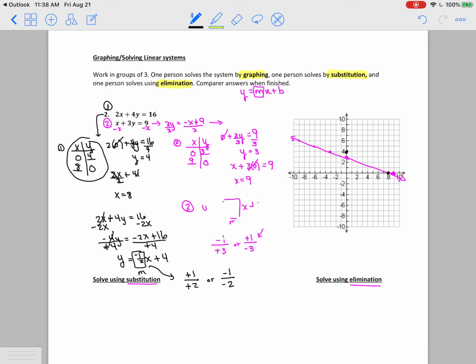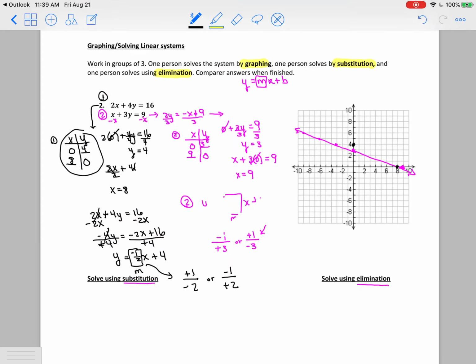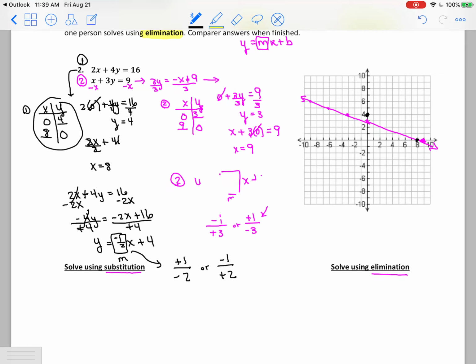All right, so I'm going to go back and change this. So I can go up on my y, negative on my x, or negative on my y, positive on my x. One of those two, either one of those choices, I should say. All right, so from the 4, I'm going to choose the up on my y. I'm going to go to 5, and then I'm going to go negative.